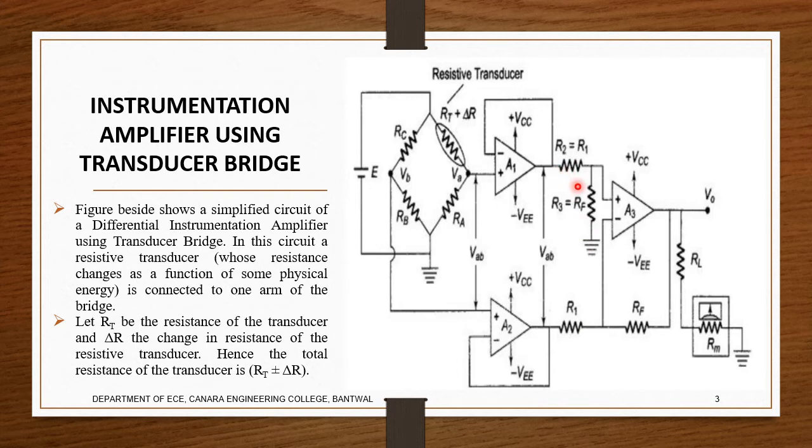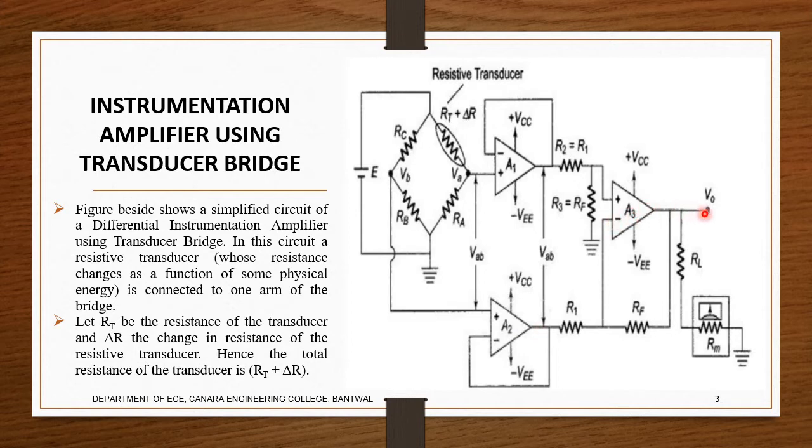Here we can see the resistances at the output of amplifier 1 and amplifier 2 are almost equal, that is R2, which is also set as R1. That is the connection we need to make, and it is given here. VA is given to amplifier 1, and VB is amplified by amplifier 2 and given to the inverting side.